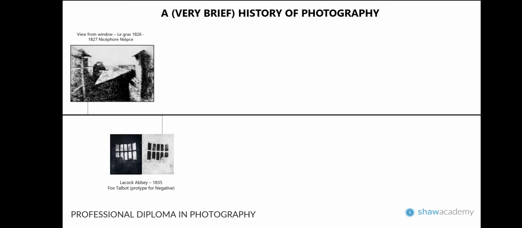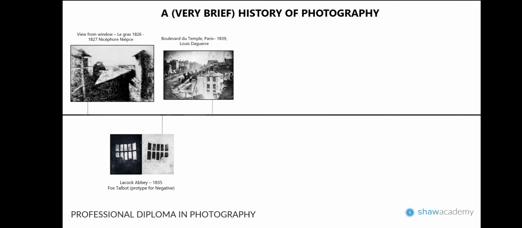Then we have Lacock Abbey in 1835, produced by Fox Talbot, which is a prototype for a negative. But it was actually Louis Daguerre in 1839 with the Boulevard du Temple, which was officially recorded as the invention of photography. He actually collaborated with Niépce in developing his camera, but Niépce was unfortunately gone by the time that photograph was taken.